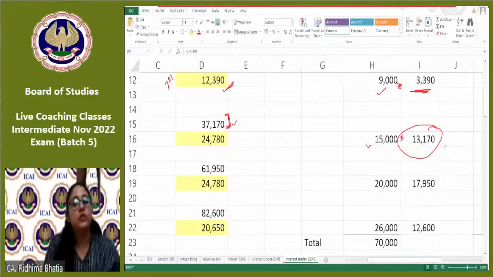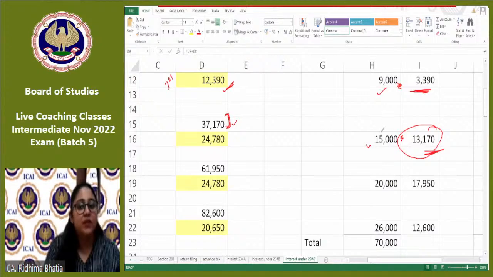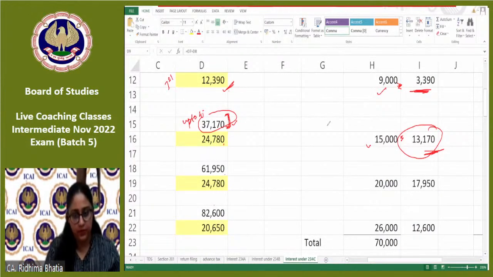So the shortfall is 13,170. Please do not do 24,780 minus 15,000. No. देखो, these should have been the installments. This is up to 45%, and I have deposited up till 15 September 9 plus 15. So the shortfall is 13,170 for the September installment.